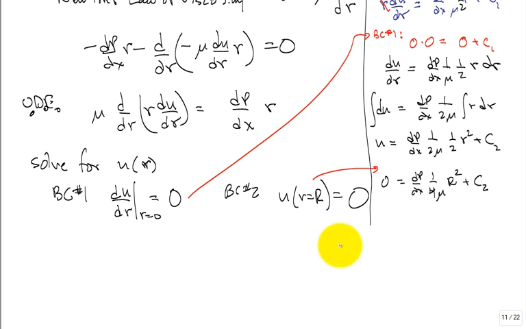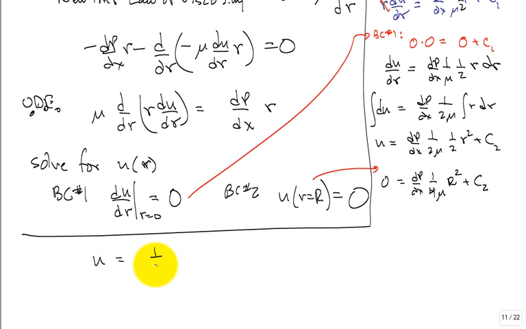And so now we can simplify, if I can do this correctly. u is equal to 1 over 4 mu R squared dp dx, then we'll have a minus sign right there, and we'll have 1 minus lowercase r over cap R squared.